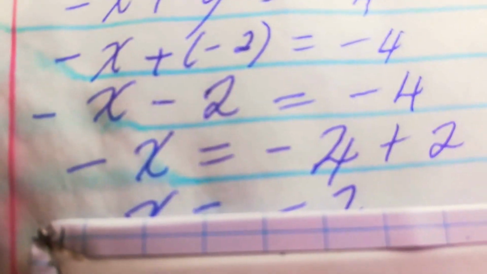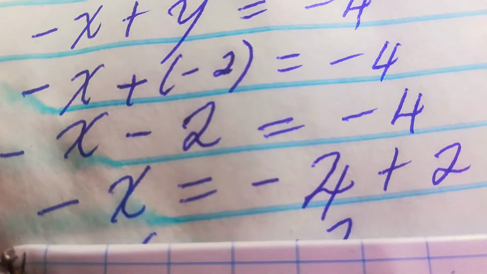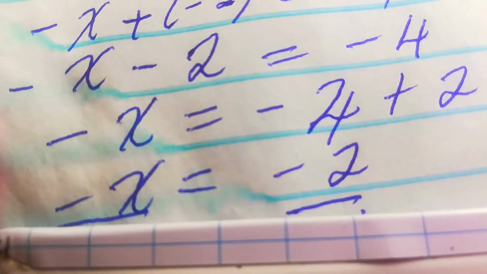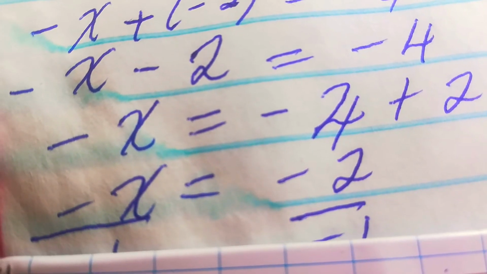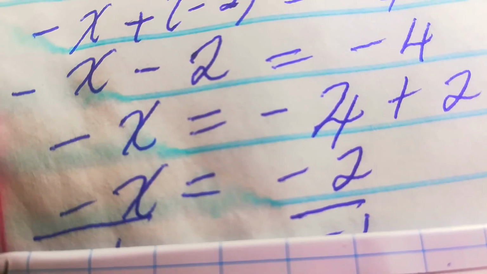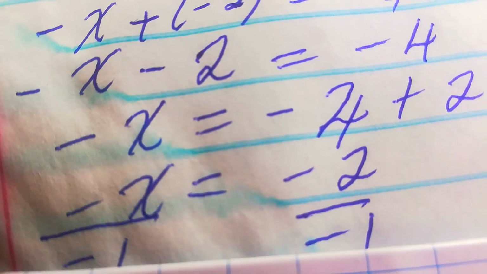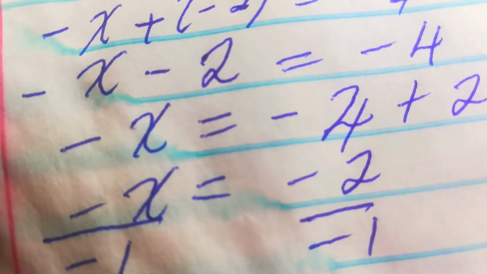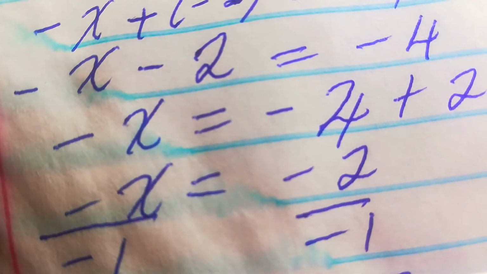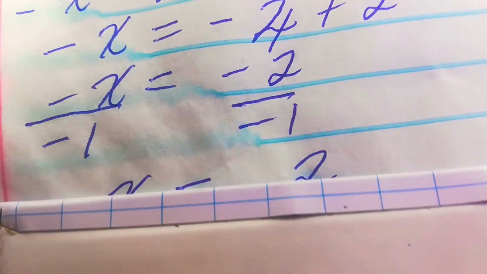Then we simplify that: minus 4 plus 2 gives us minus 2. So we have minus x equals minus 2, and because the letter itself can't be negative, we divide by negative 1. Remember, when a letter is by itself, it has a 1 in front of it. So we divide both sides by negative 1, and we get x equals 2.